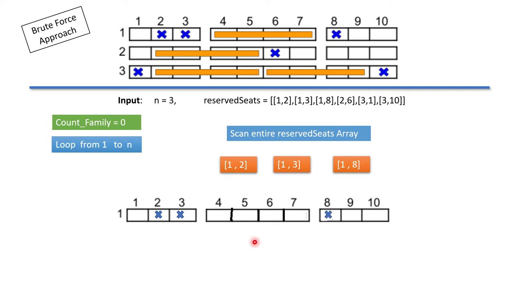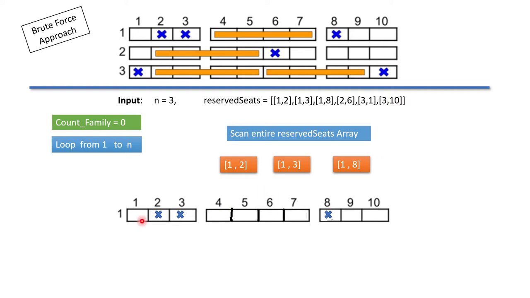And after that we have to apply some logic. What logic we can apply is, if these seats are booked, then what is the possibility? So from here what we can see is 2 and 3 are blocked. That means here we can't adjust. From 2 to 5 there is no chance of adjusting. 8 is blocked. That means from 6 to 9 one family can't occupy. 4 to 7 there is a chance.